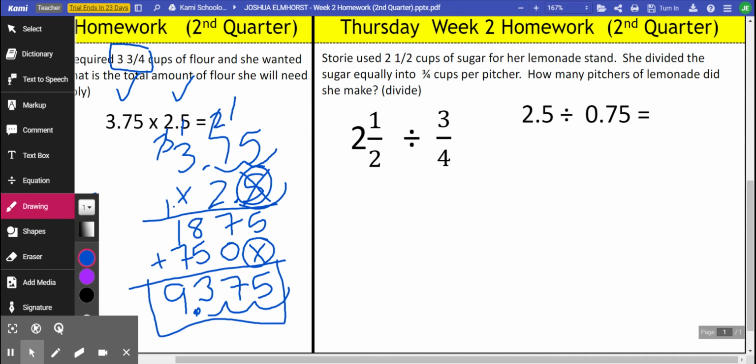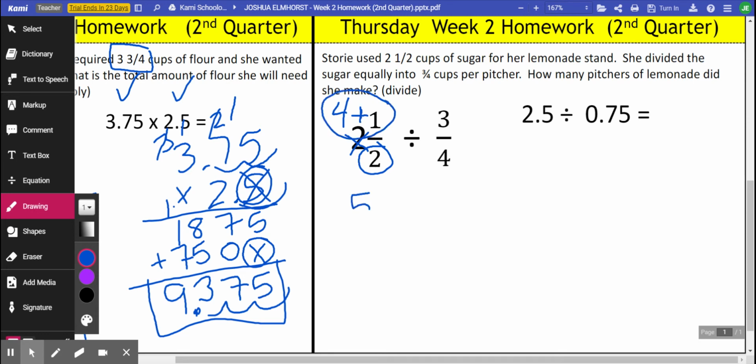So before we divide, we're going to regroup. So we take the denominator, 2 times 2 is 4, plus 1 is going to be 5 over 2. And then we have 3/4. Now we're ready to use our second strategy of keep, change, flip.